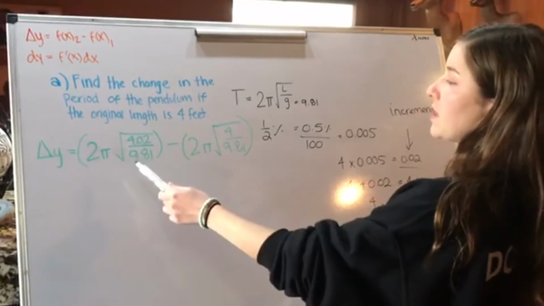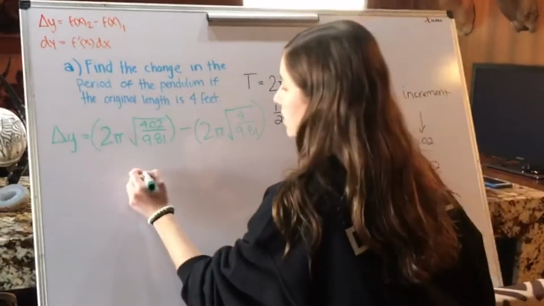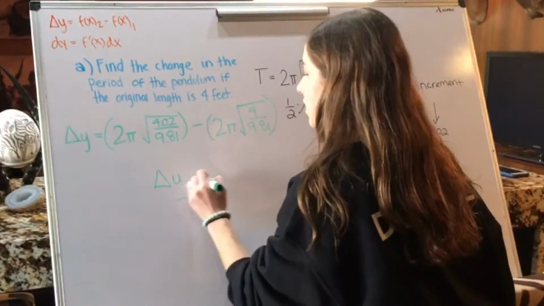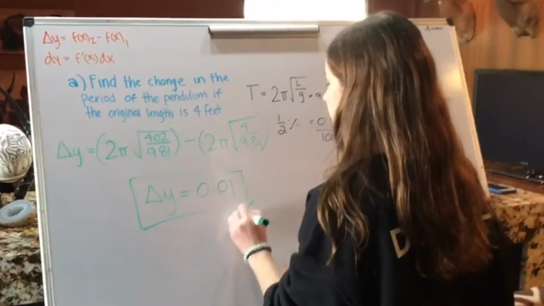If you plug this into your calculator, you will get that delta y is 0.01, and you box your answer.